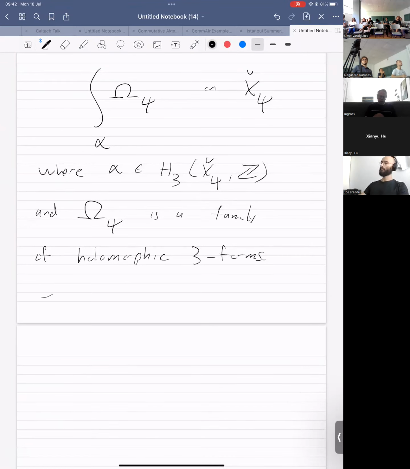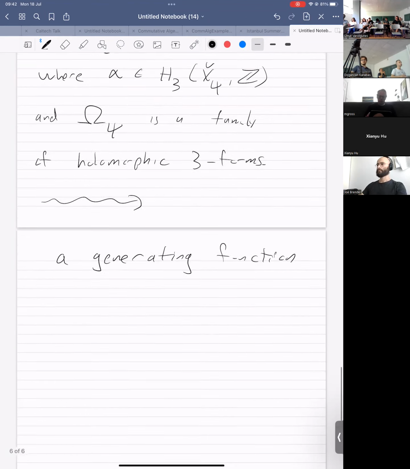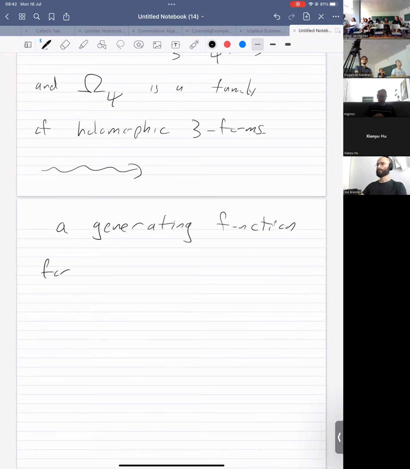And at the end of the day, what they get from this is a generating function for the numbers N_d.